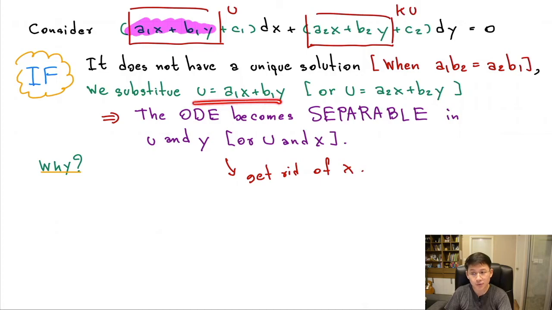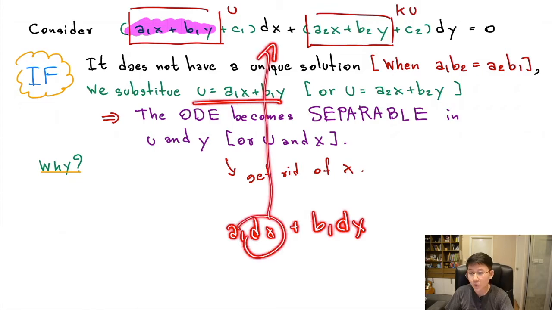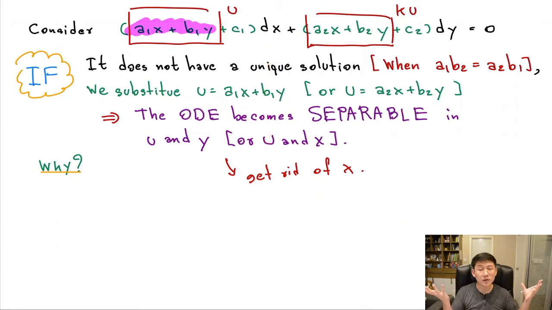So what is du? Du is a1 dx plus b1 dy, right? So you just put dx in there, so you only have dy. But here there are no y as well. So in the end, it means that in the coefficient here, there are no y or no x.